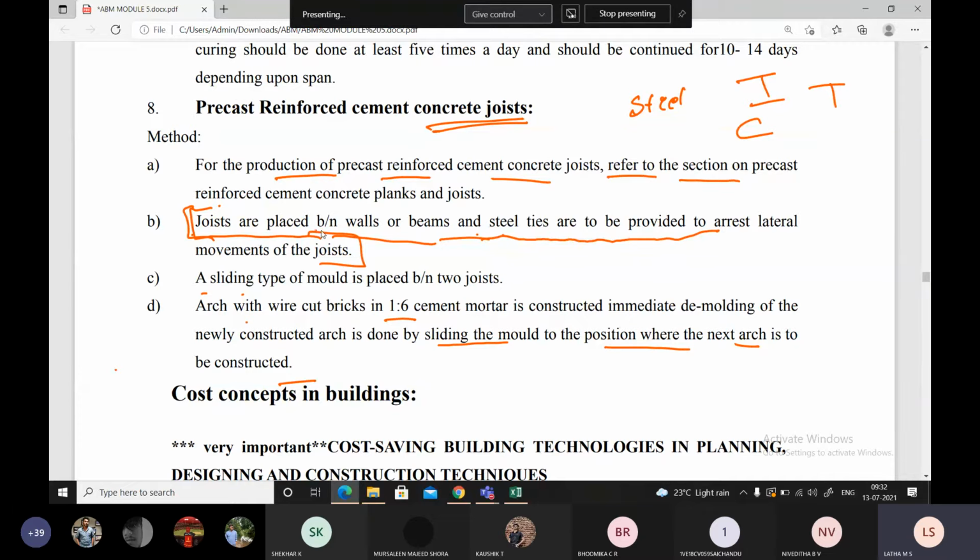They are placed between walls or beams, and steel ties are to be provided. Tell me, students, where do you come across this?